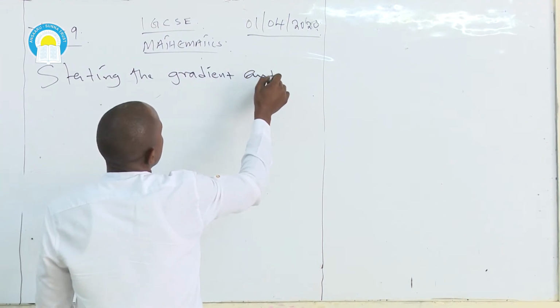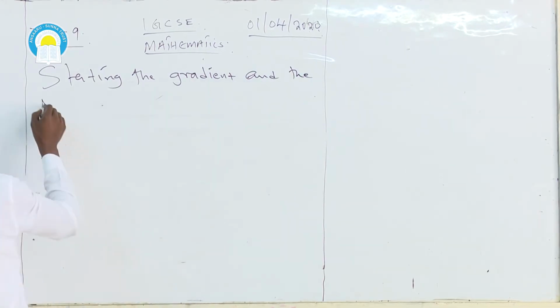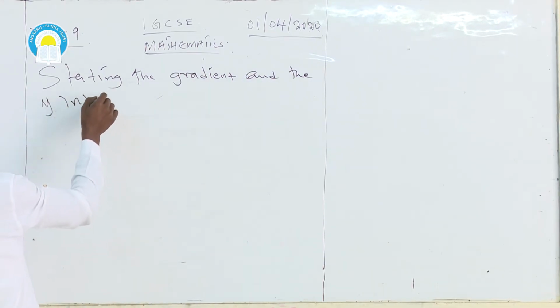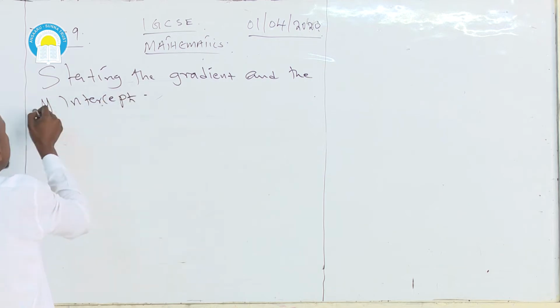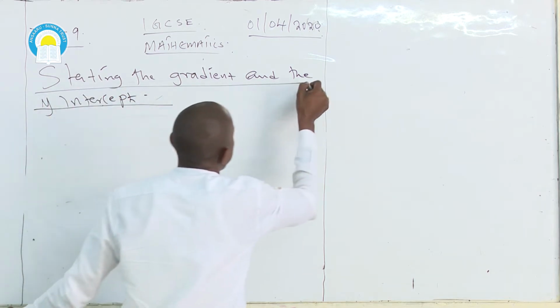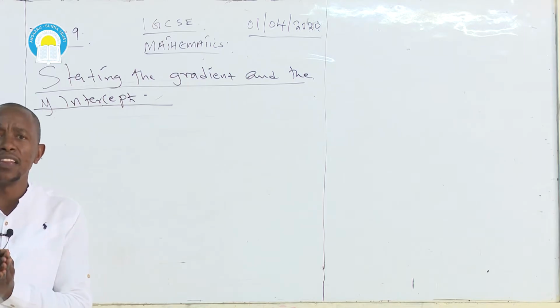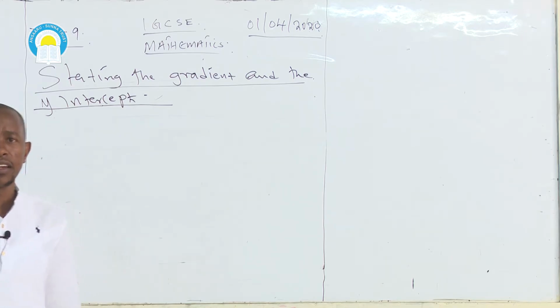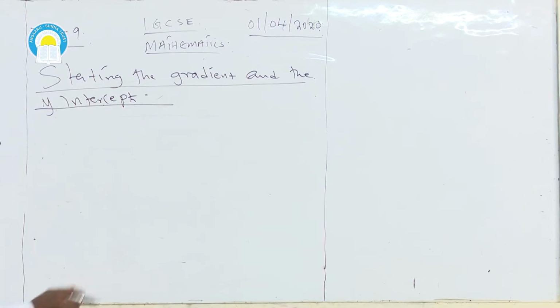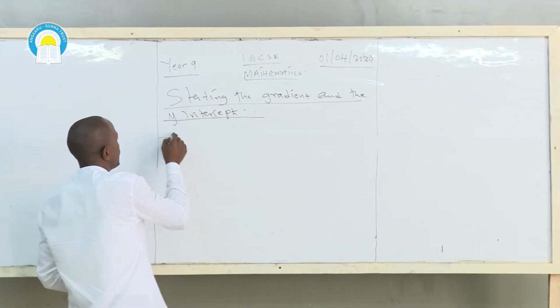And the y-intercept. Stating the gradient and the y-intercept. Now, for you to state the gradient, it means you must be given the equation of a straight line.